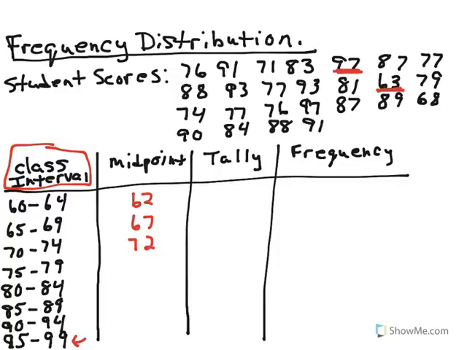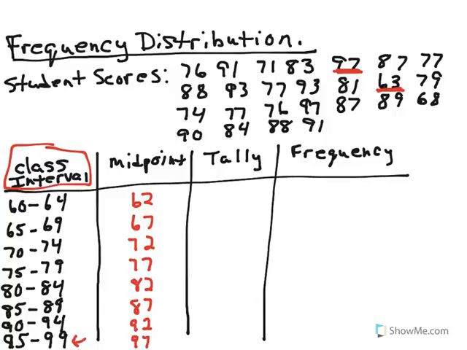And from 75 to 79 is 77. 80 to 84, the midpoint is 82. 85 to 89, the midpoint is 87. 90 to 94, the midpoint is 92. And finally, 95 to 99, the midpoint is 97.